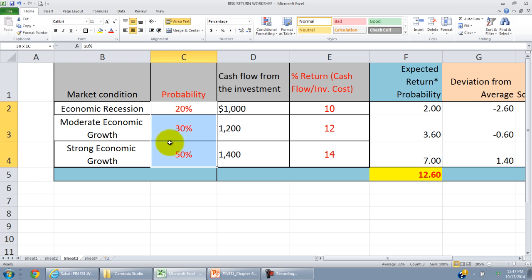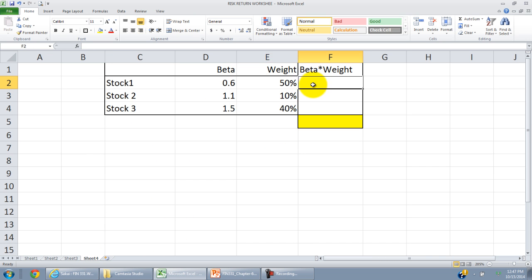The beta of a portfolio equals the weighted average of the betas of individual stocks. So how to calculate it?